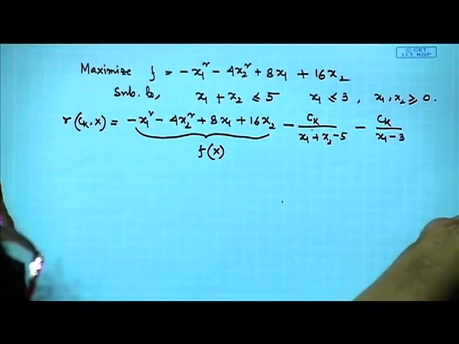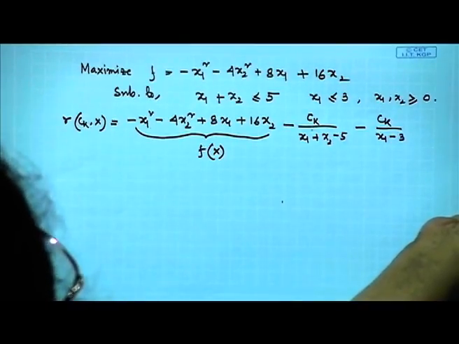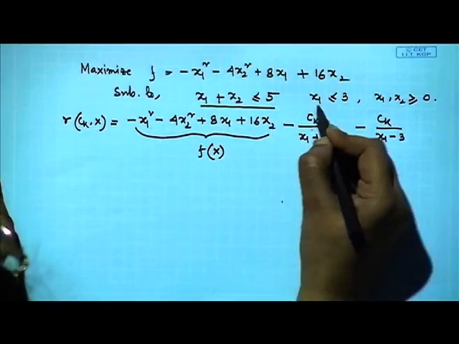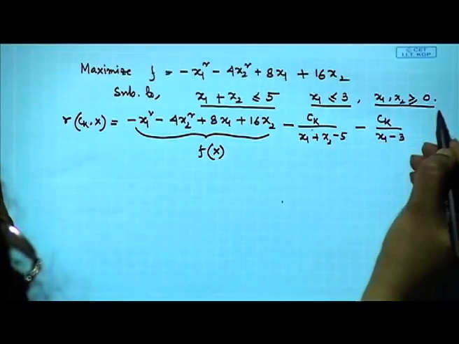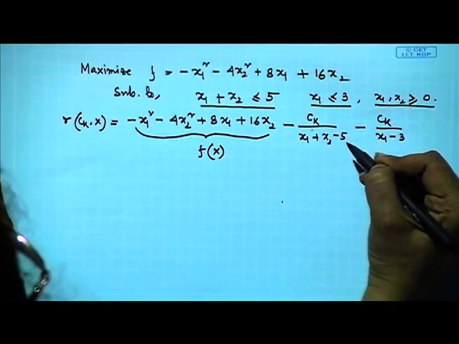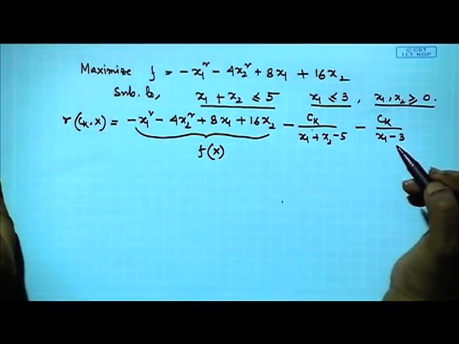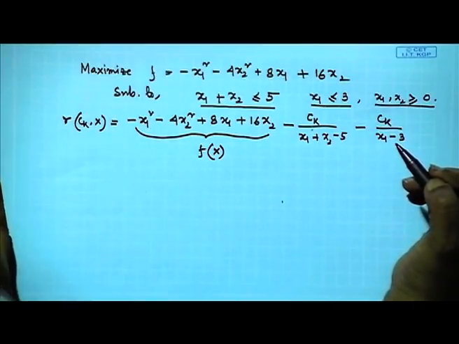One thing I must say: you see here the constraint is of less than or equal to type. We have to make the constraint of greater than or equal to type, because this is a maximization problem.